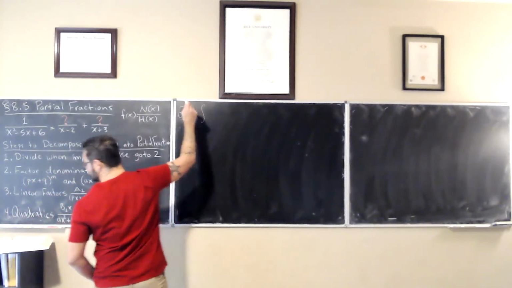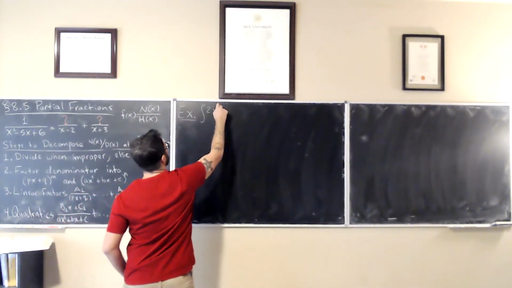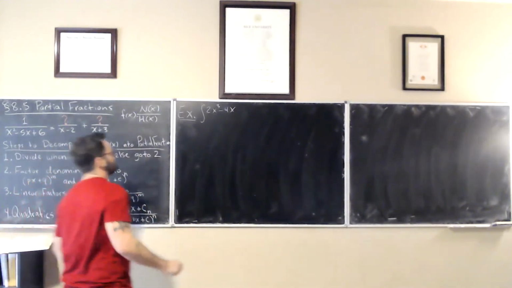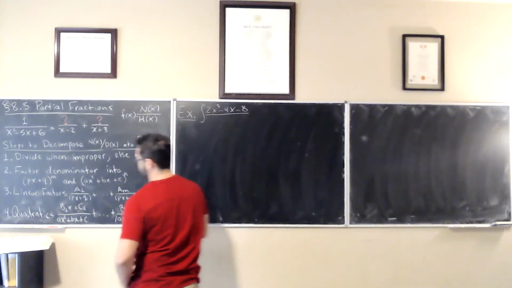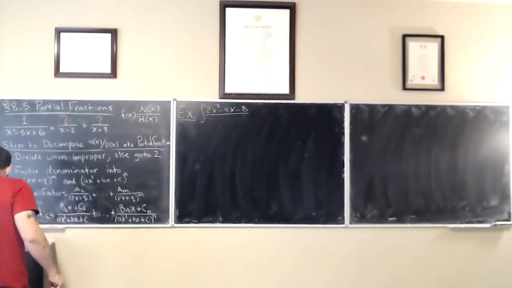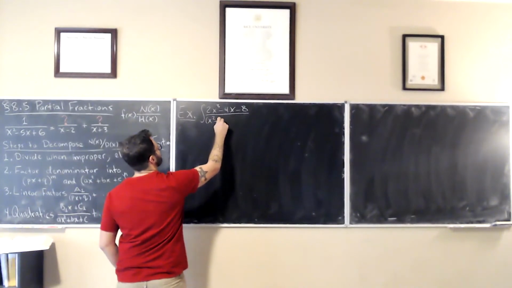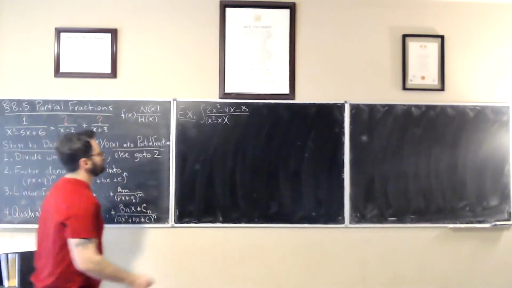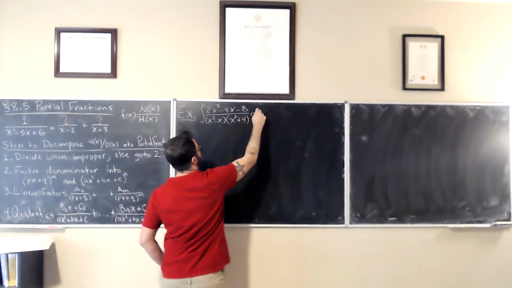The integral from 2x cubed minus 4x minus 8 all over x squared minus x times x squared plus 4. Yes.